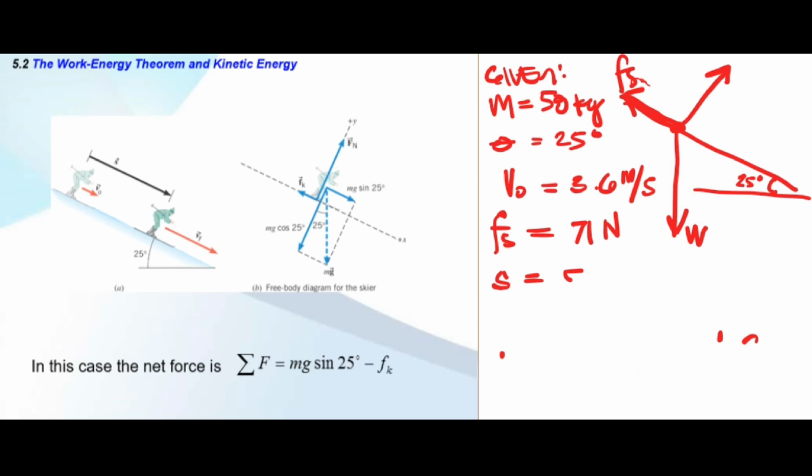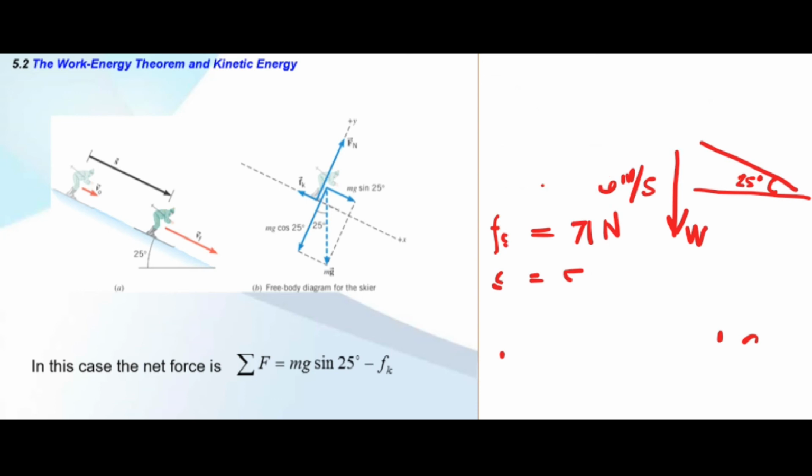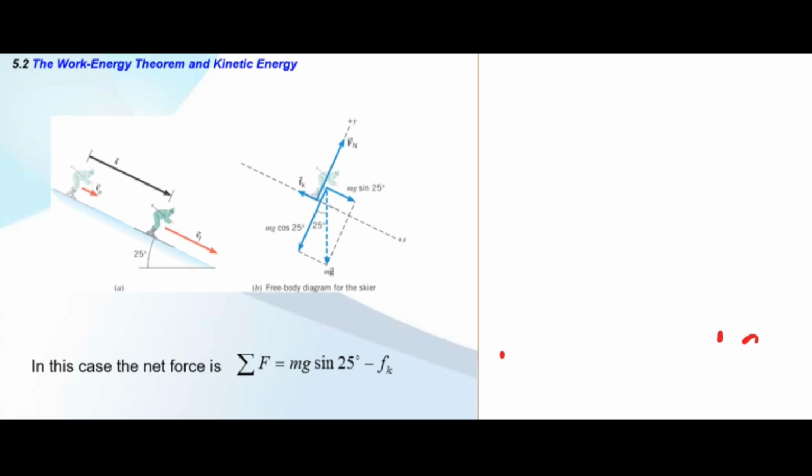So let us first have a much clearer free body diagram. Let's say this is the incline, 25 degrees. Here's the skier. Here's now the weight.